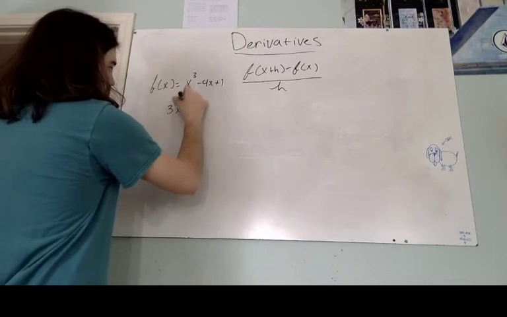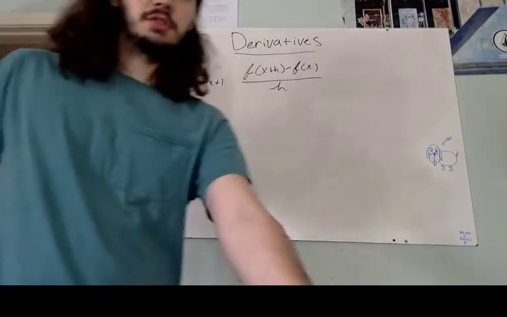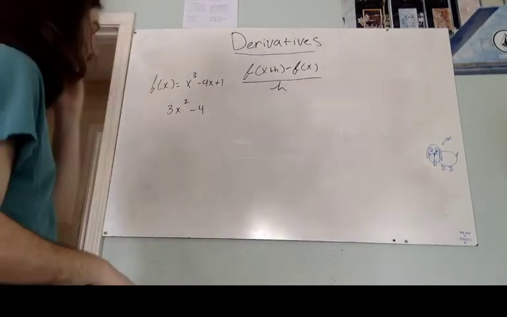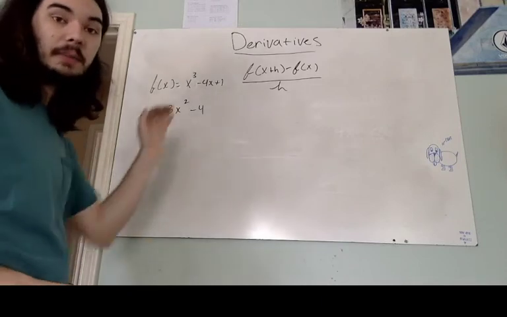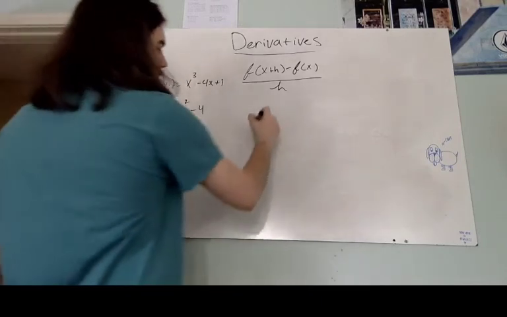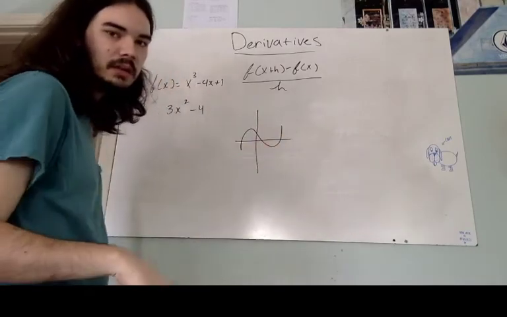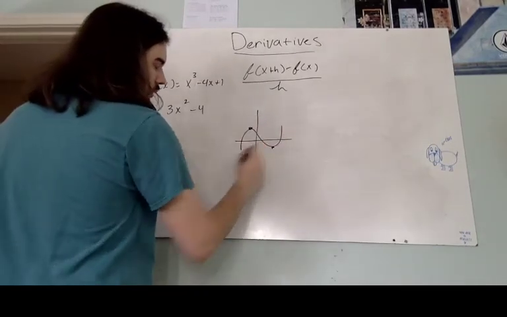Our derivative is going to be 3x squared minus 4. So I want to be able to immediately tell you some of the features of this graph. I want to know when I'm going to have a bend in the graph, right? Because I know a cubic function, generally speaking, is going to look something in the ballpark of that. So it has more than one bend in it. It has one right here and one right here.